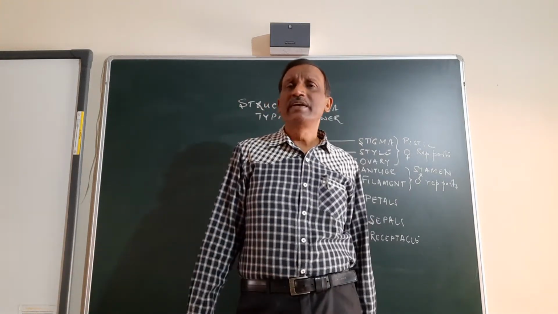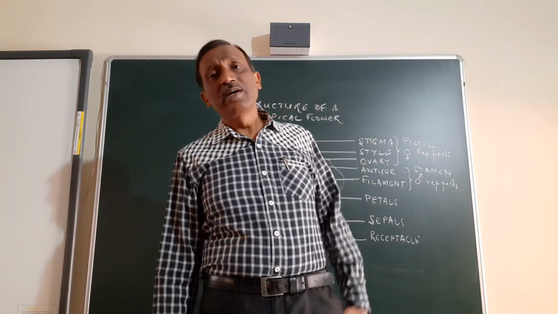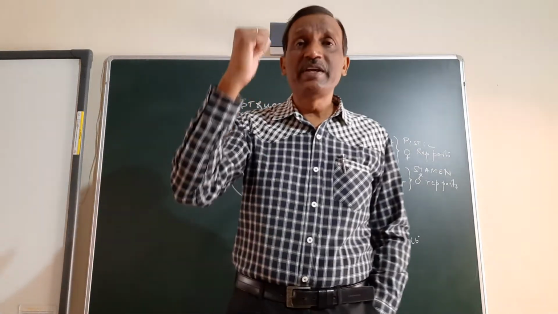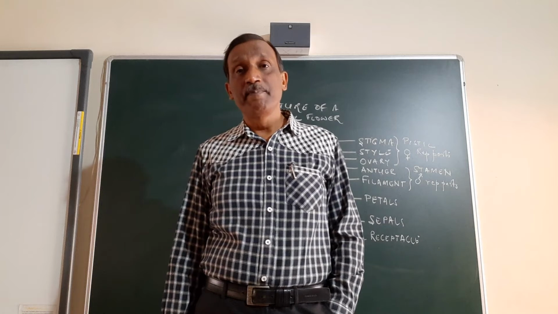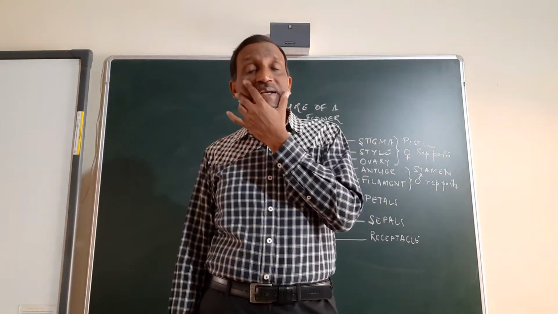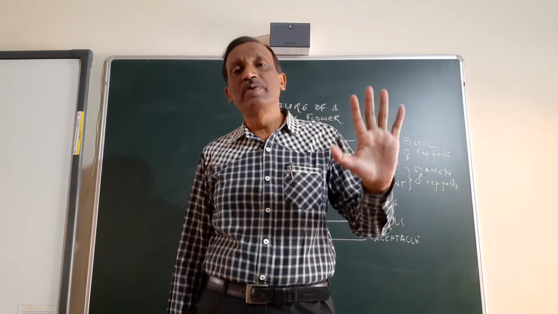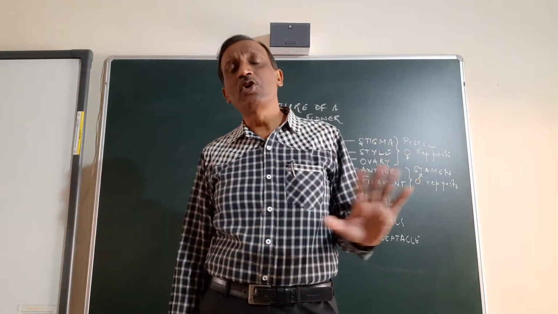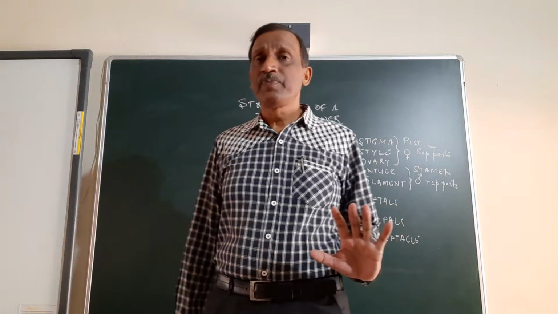Like if you go to buy a car, you will have a stamp there, pre-delivery inspection, PDI. When the PDI is there, that means the car is just ready to be delivered. It is perfectly checked for all the functions.